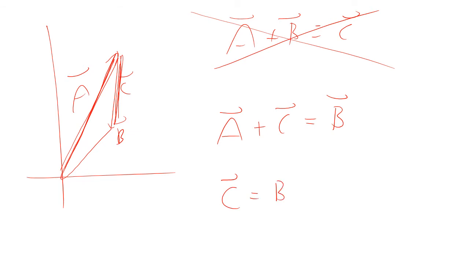C is going to be B minus A. So all we have to do is subtract B minus A. So we need to find the components of B and A.